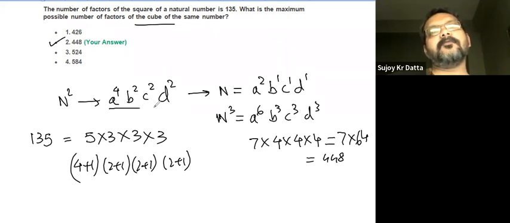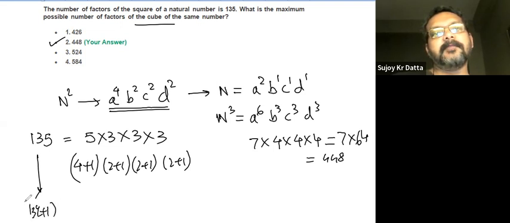Now you might ask why it is that if you break it to the lowest form, the most form, I mean, you can't break it any further, that gives us the maximum. So if you decide that no, let us think of some other case. 135 can be written by itself as 134 plus 1, right? Basically meaning I'm looking at the other extreme, that n squared is a to the power 134.